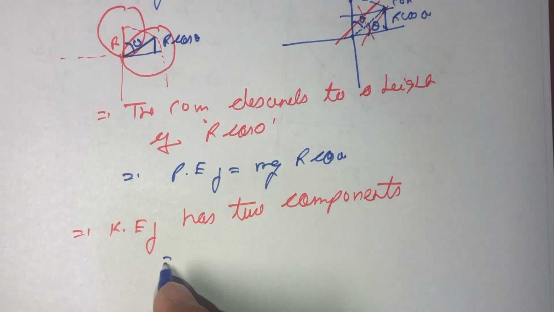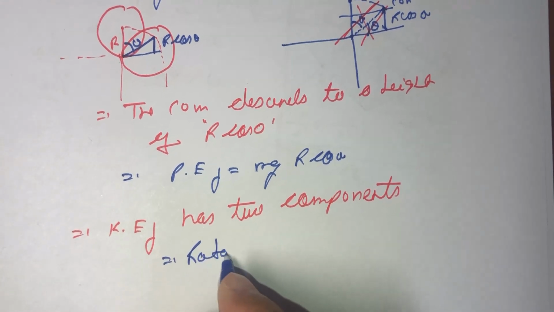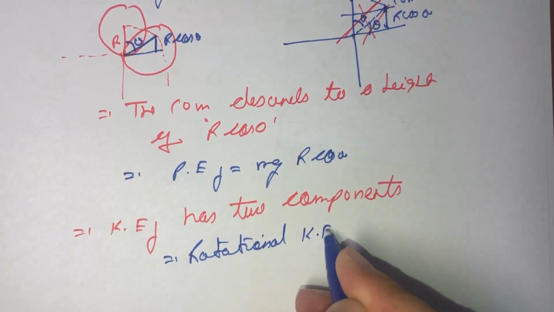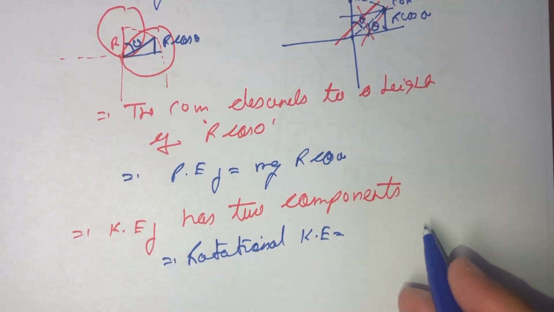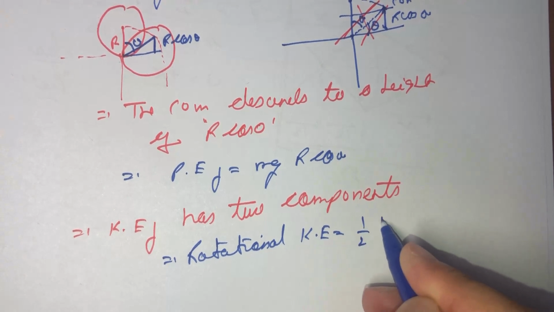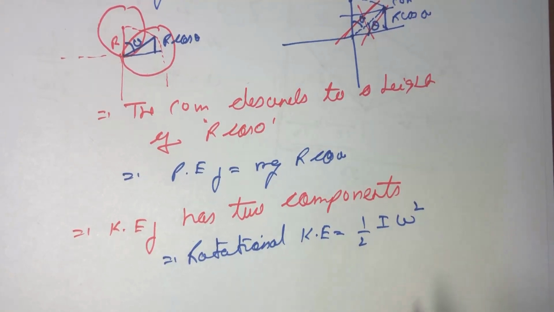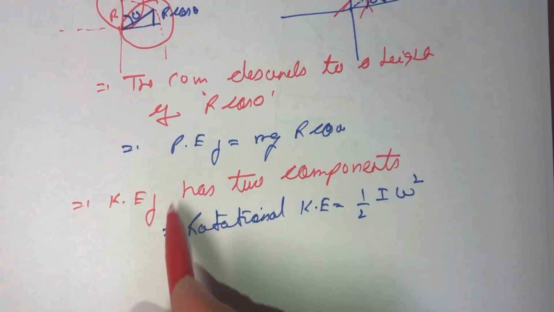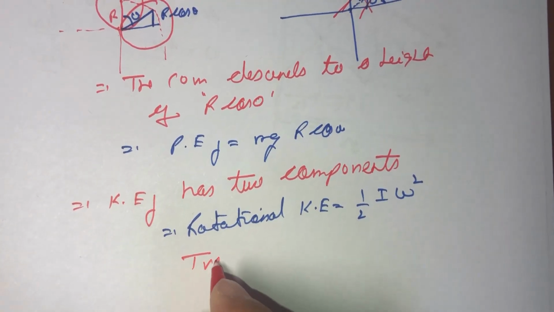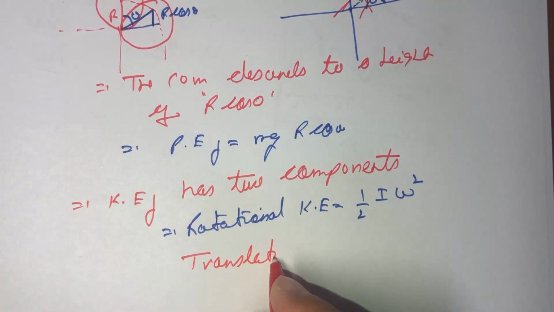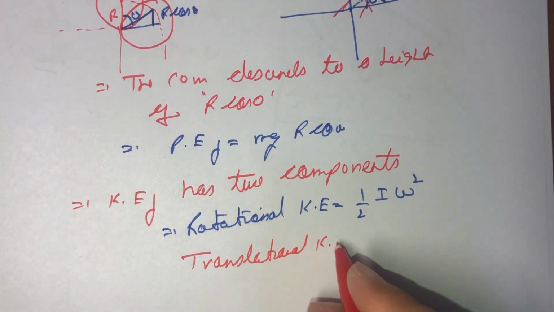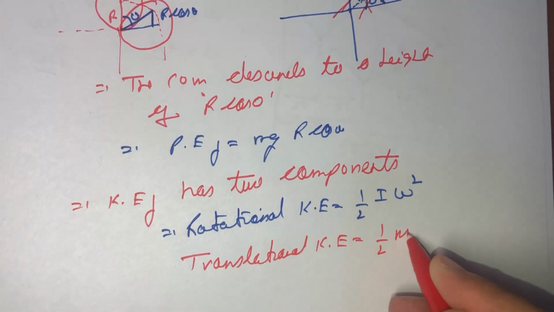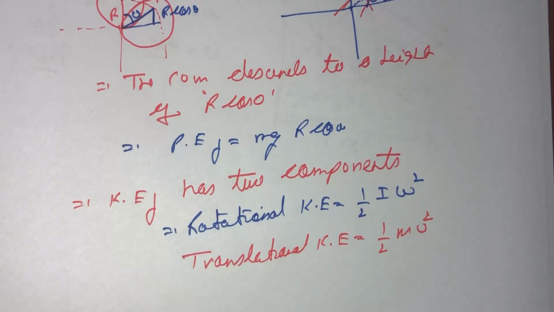Rotational kinetic energy, which will be our half moment of inertia omega square, and we have translational kinetic energy, which will be equal to half m v square.